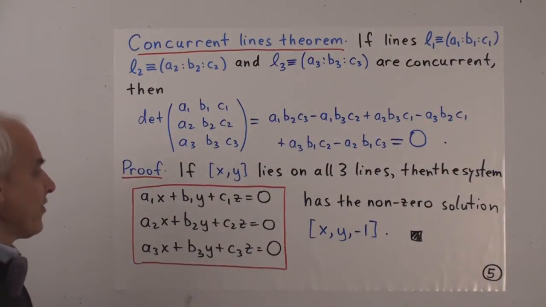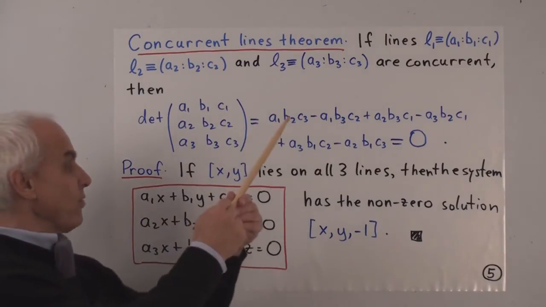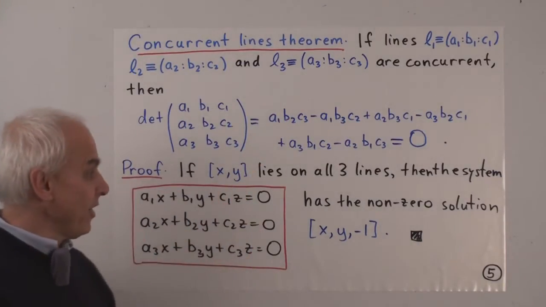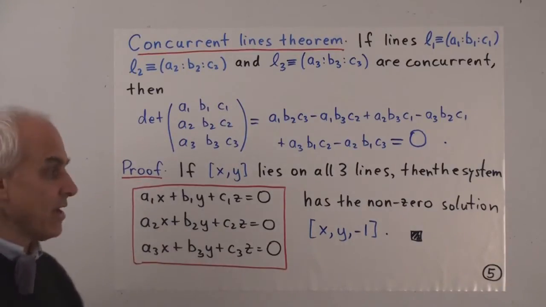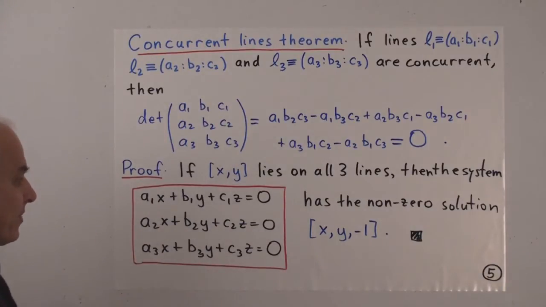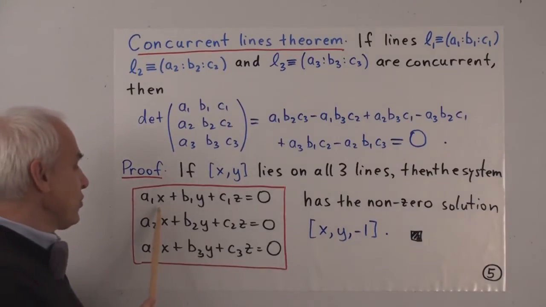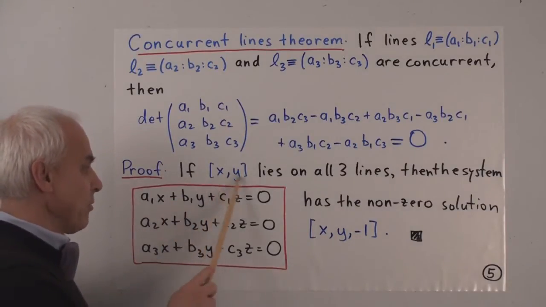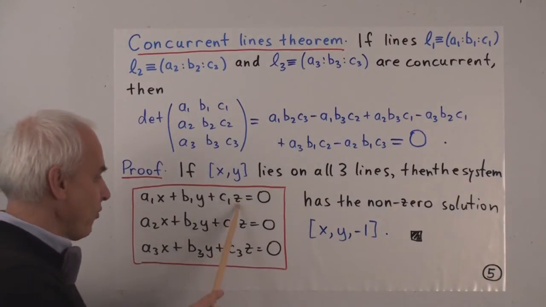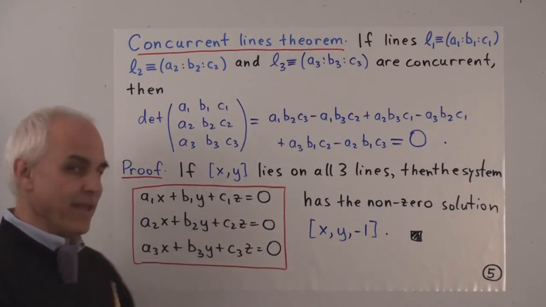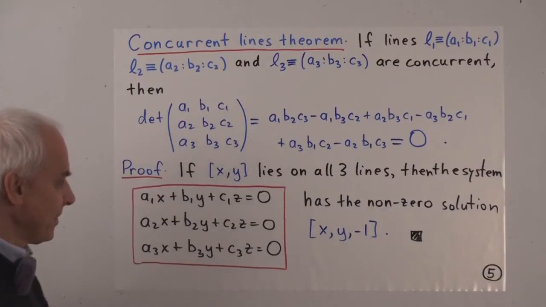And the proof is essentially just a little bit of linear algebra. If you have a point xy which lies on all three lines, then it means that this system of equations has a non-zero solution. Namely, the solution xy, which is the point we're talking about, followed by -1. That -1 there makes sure that the c1 ends up on the other side.